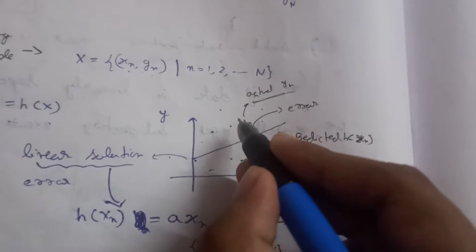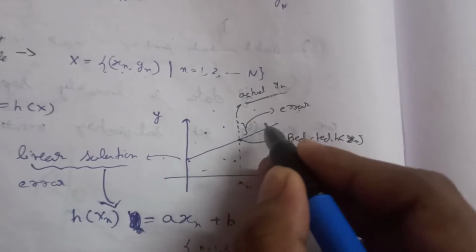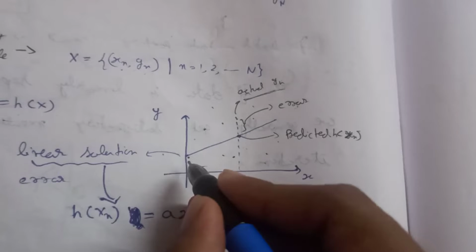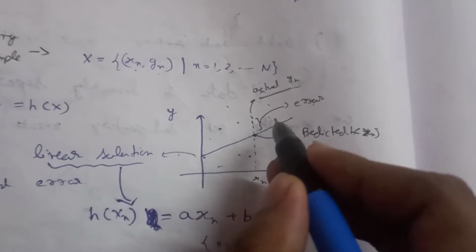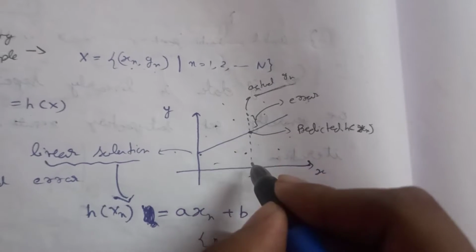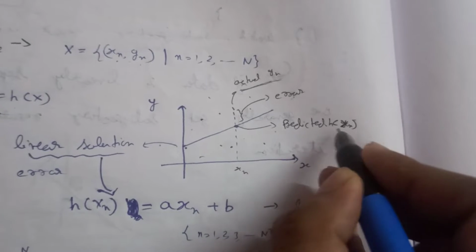So that point is here, but according to this line, which goes through approximately the middle of all the points, the rainfall of that day should be this one, that is h of xn, our predicted value.